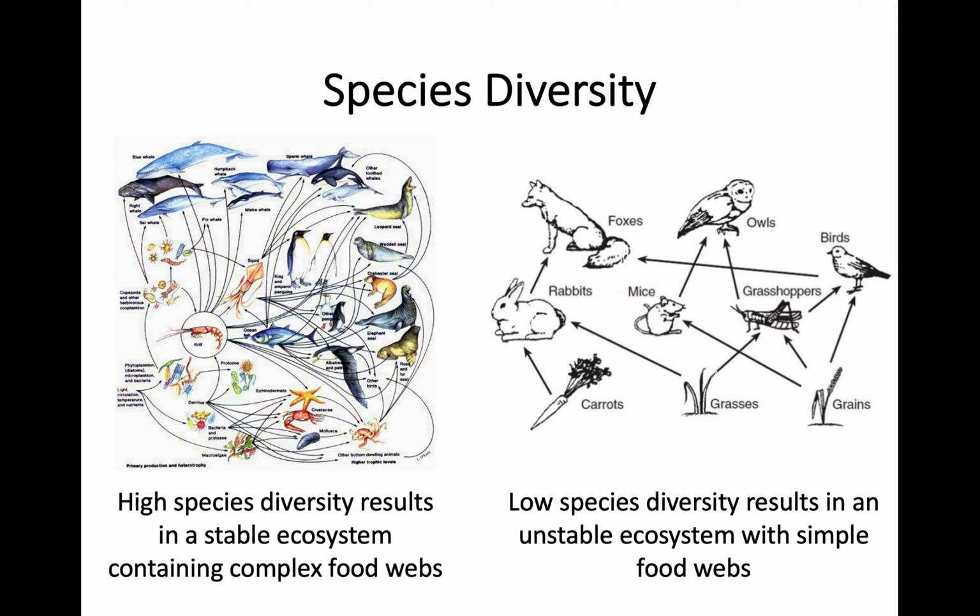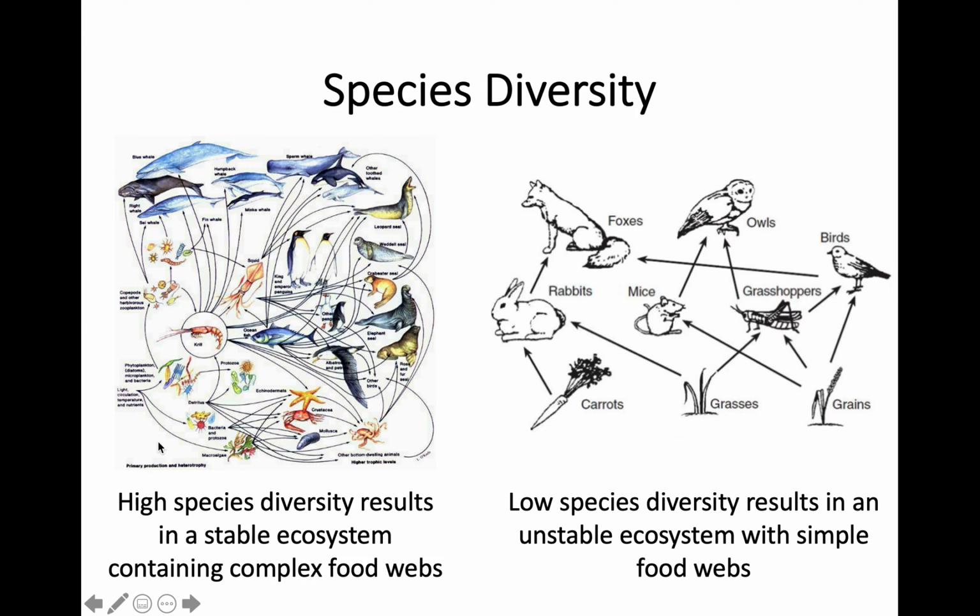It's very complex, but in terms of being stable, if you were to remove one or two or several species from this food web, it's really not going to have a catastrophic effect on the ecosystem because there are so many other interactions going on. So for example, if this seal was to lose this fish, for example, there's still plenty of other things this seal could eat.